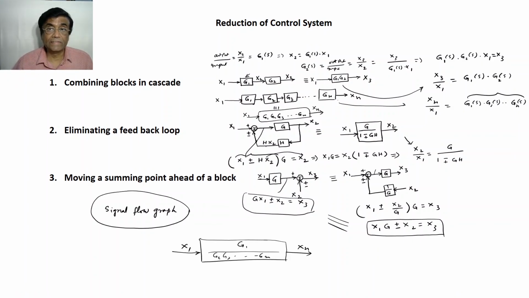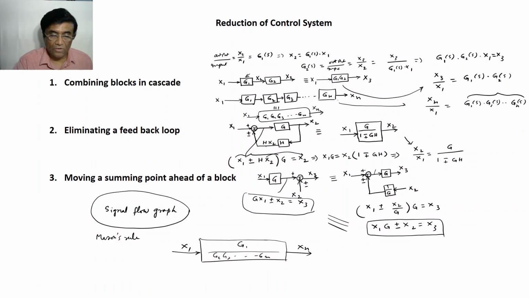And a graph is very easy to represent in a computer. After representing the control system in the form of a signal flow graph, then using Mason's rule, you can actually reduce the control system. So either way, use block diagram or signal flow graph, the basic objective is the same: I want my control system to be simplified, and these are the tools which can do that.